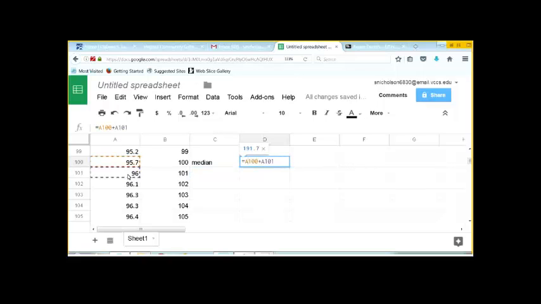So that's the sum of the 2. I forgot to put a parentheses here, so if I put a parentheses around it and divide by 2, that's going to be the median. So it's the average of the 100th and the 101st number.